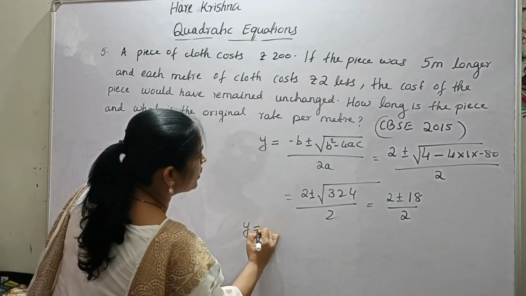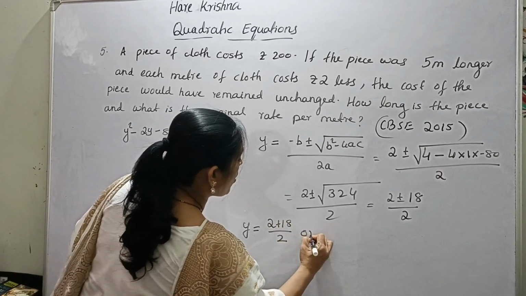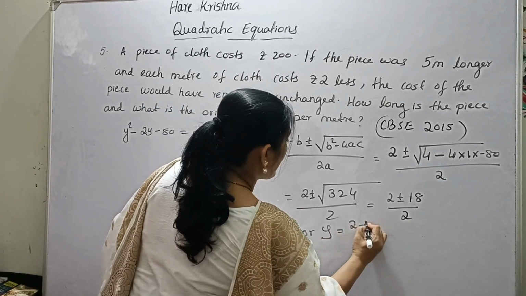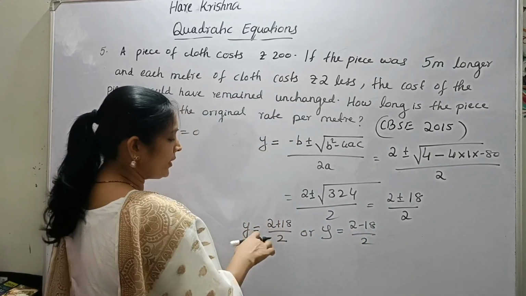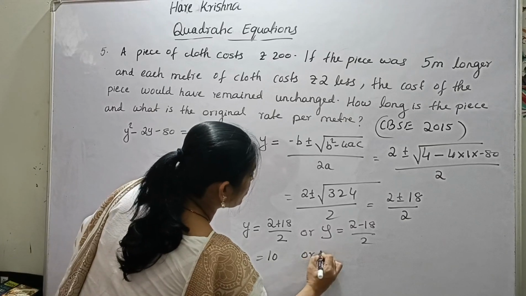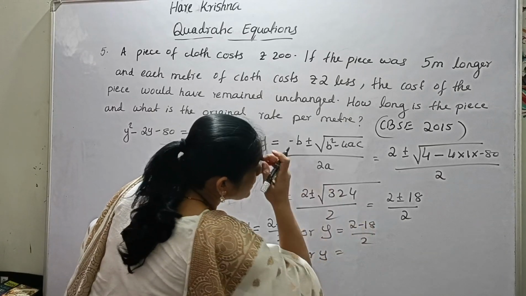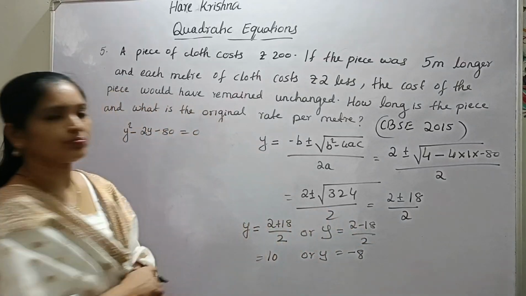So here y is equal to 2 plus 18 divided by 2, or y is equal to 2 minus 18 divided by 2. 2 plus 18, 20. 20 by 2 is 10, and y is equal to minus 16 by 2, that is minus 8.